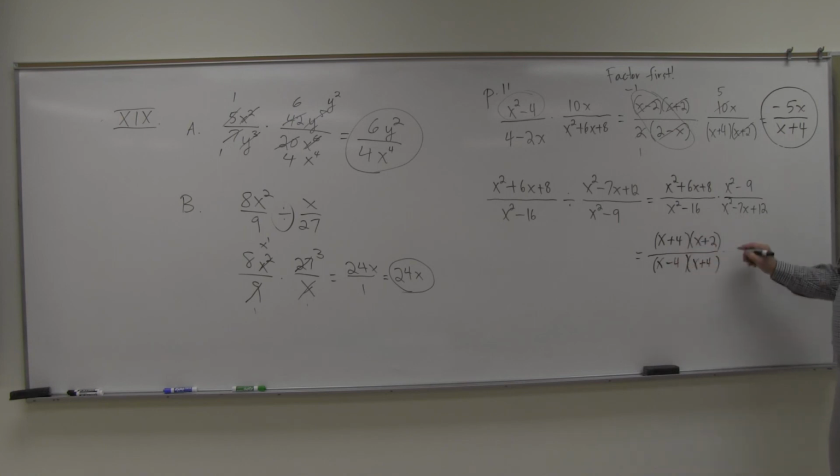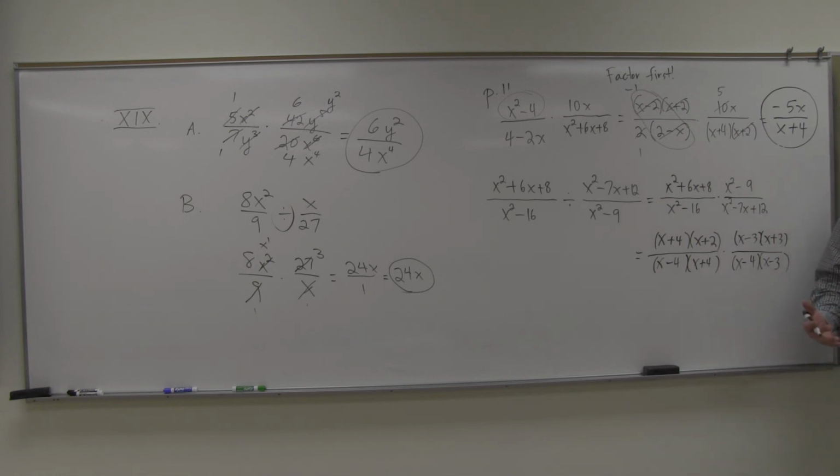It's going to work out nicely there. Do the same thing over here on the right, x squared minus 9, so that's x minus 3, x plus 3. And then x squared minus 7x plus 12. x and x, 12 with negative 7 in the middle, so they're both negative. Negative 4 and negative 3 for the factoring there.